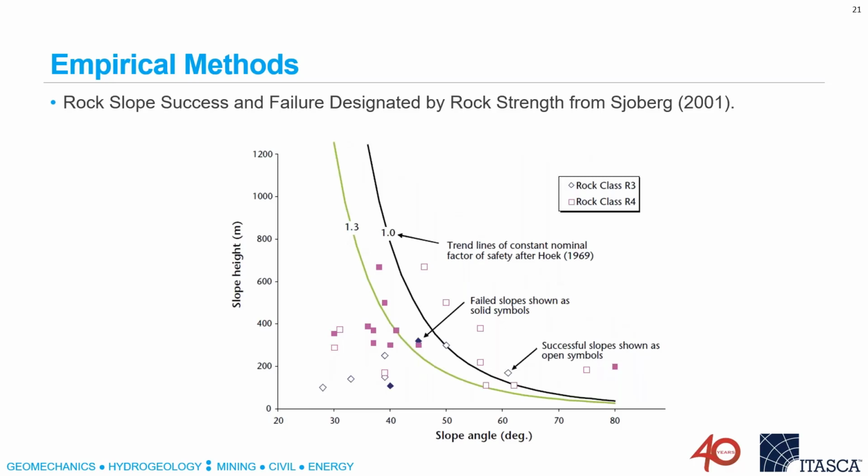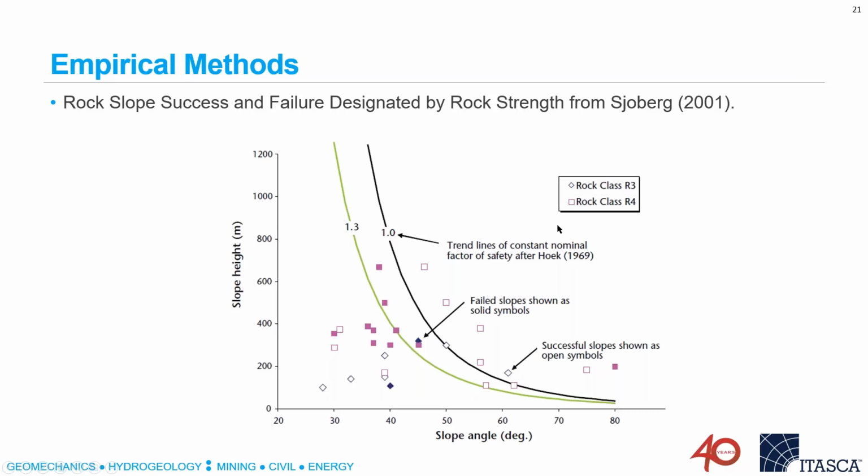Yanni Schoberg in 2001 looked at lots of examples and put together charts. There's more than one chart, but this is typical of what he did. And the thing that he did differently than Hook and previous charts was to separate it by rock classes.